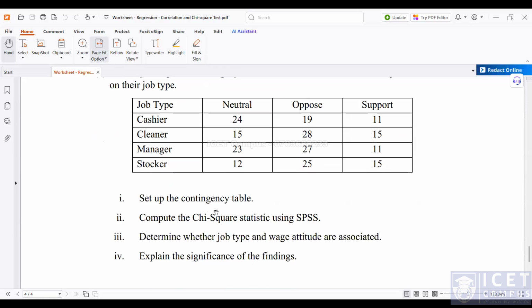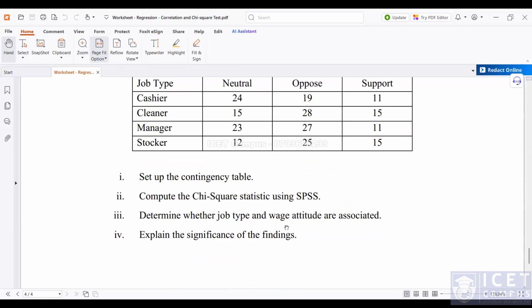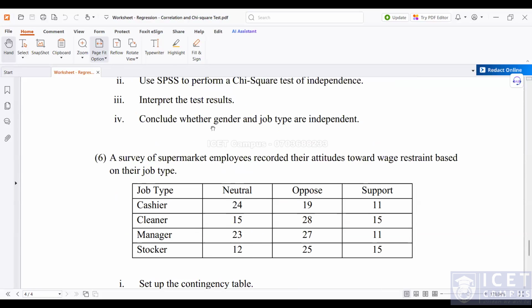Here also the same thing, and then there is a question here: gender and job types are independent.